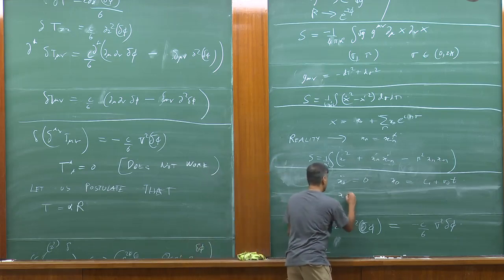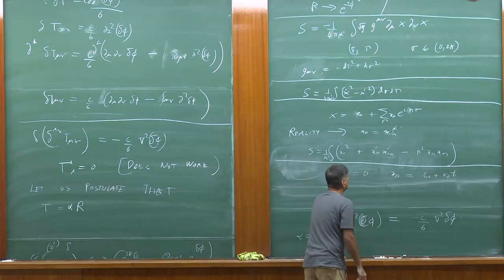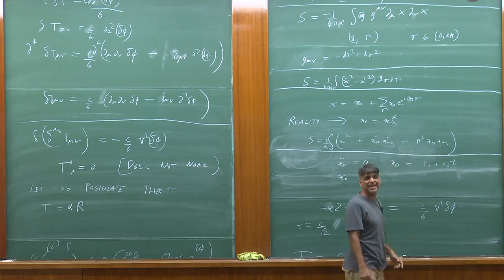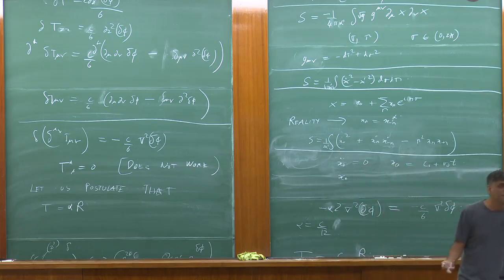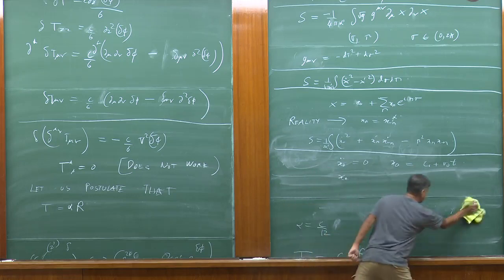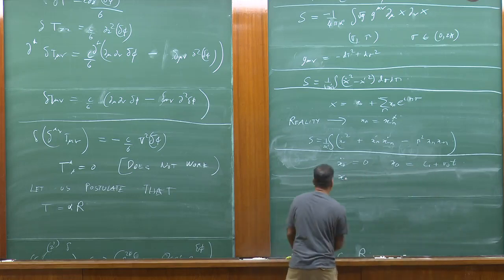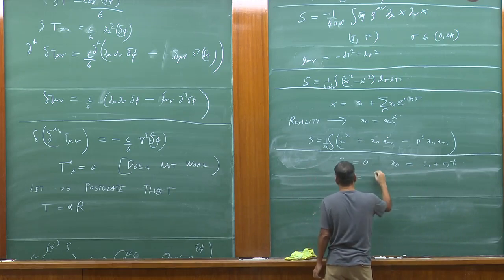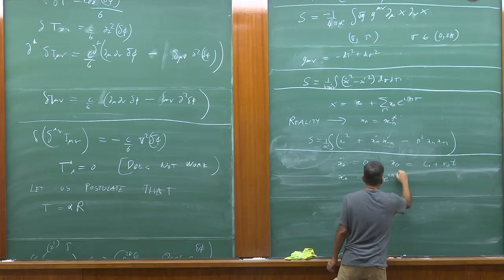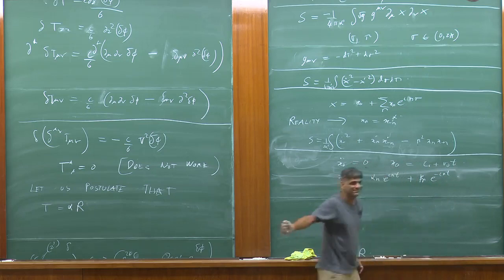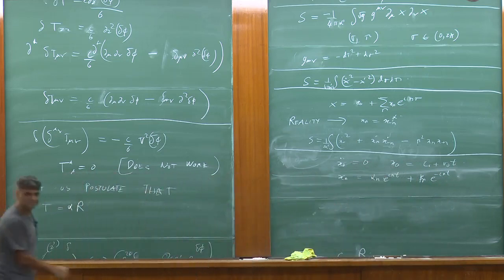Now x n obeys the same equation as that of a harmonic oscillator with frequency n, and so its solutions are, let's say, alpha n e to the power i n t plus beta n e to the power minus i n t.